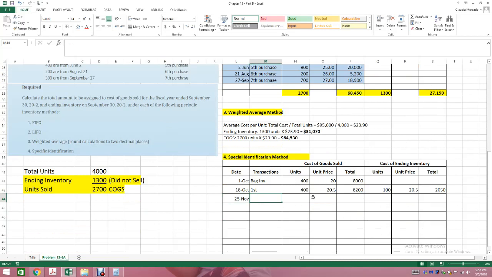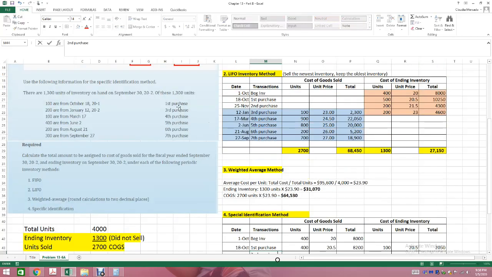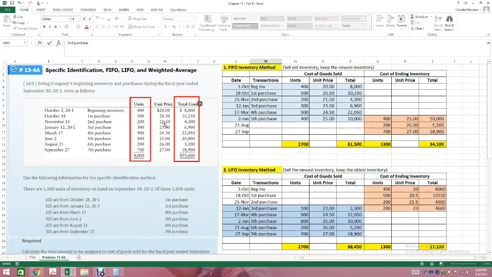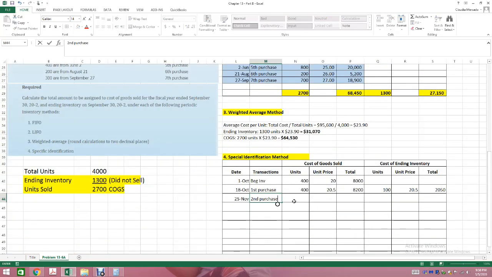Okay, first purchase. Now we're on the second purchase. We did not keep any of the second purchase. We sold all of them. So we have 200 units at $21.50. That is going to be $4,300.